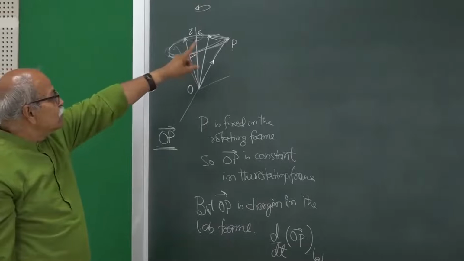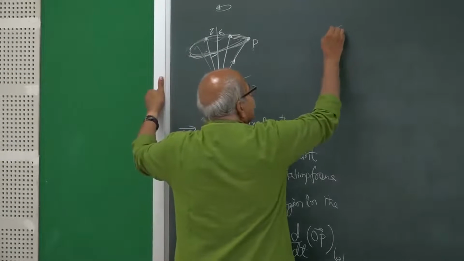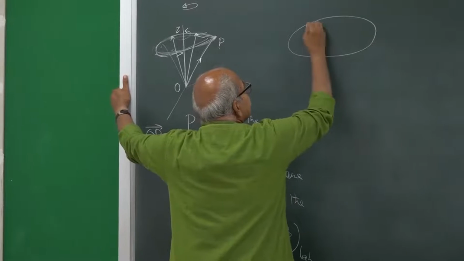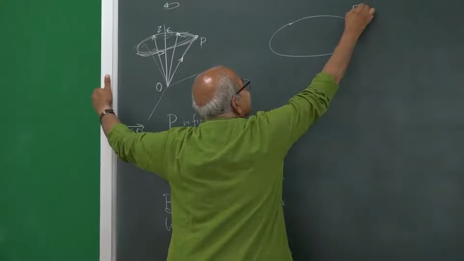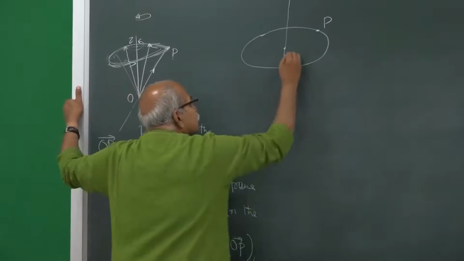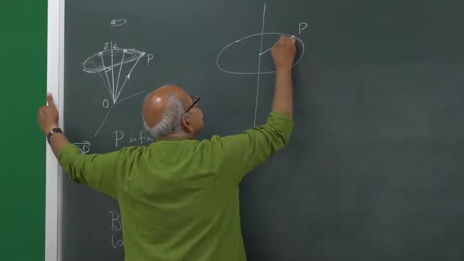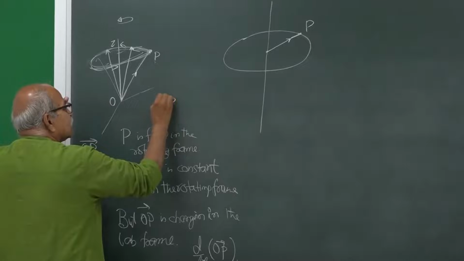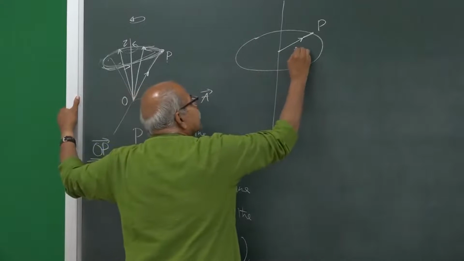Let me draw this diagram again. This is the path of that particle P. Let us say particle P is here at some instant, and this is the z axis, and this is the OP vector. I will call it the A vector, so this is the A vector at this time.